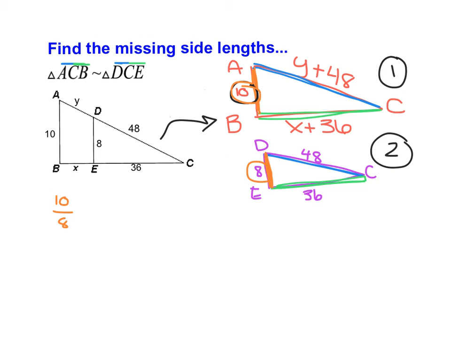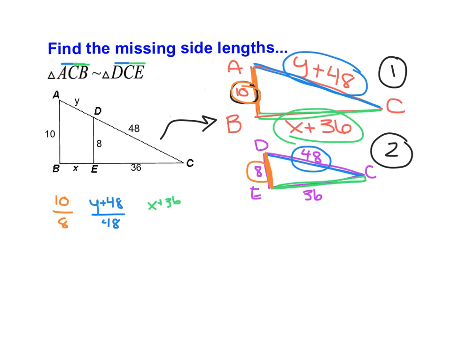I then have as my second ratio, if I look at the blue side lengths, y plus 48 in the first triangle over 48. And then if I look at my green side lengths, I have x plus 36 over 36. So here I can see I have 3 different ratios that will help me find all of my missing side lengths.